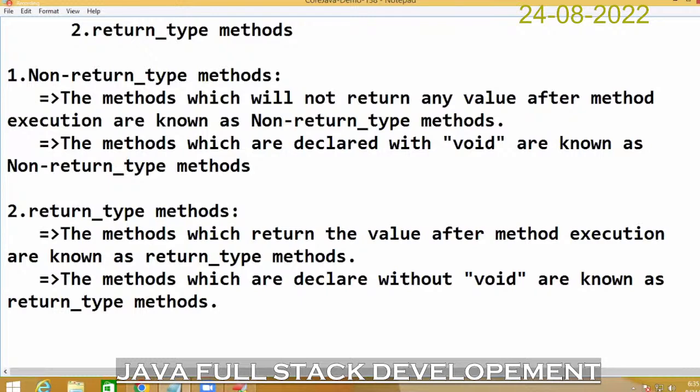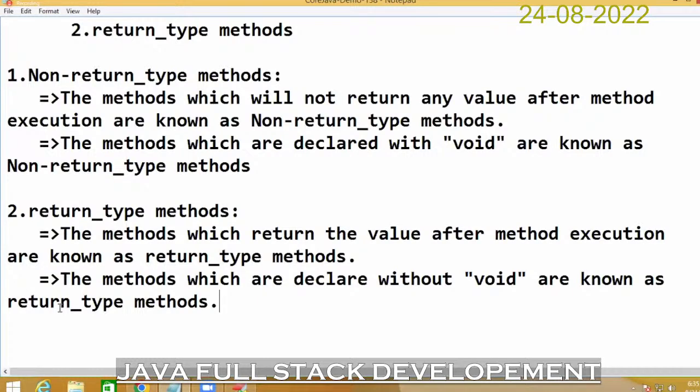Based on our requirement, void will be replaced with a data type. If it wants to return int, you will write int. If it wants to return string, you will write string. Like this, I will train you what type of value it is going to return. Simply void will be replaced with the data type. All of you clear about this statement, right?